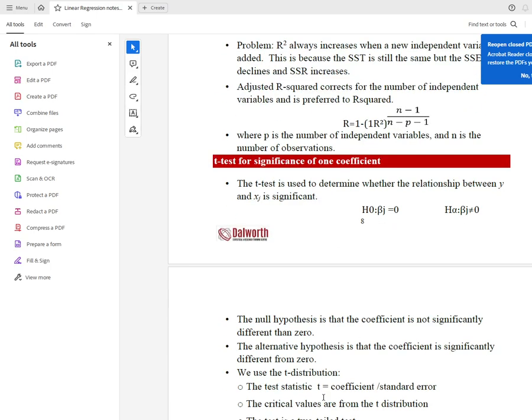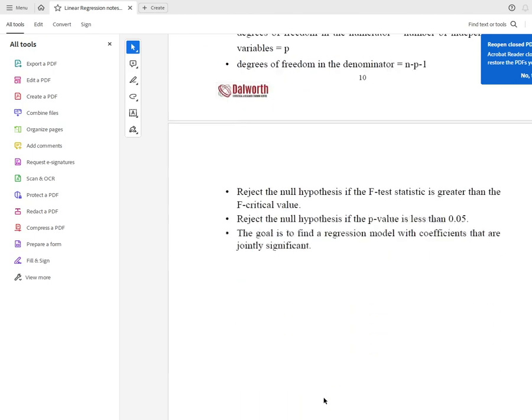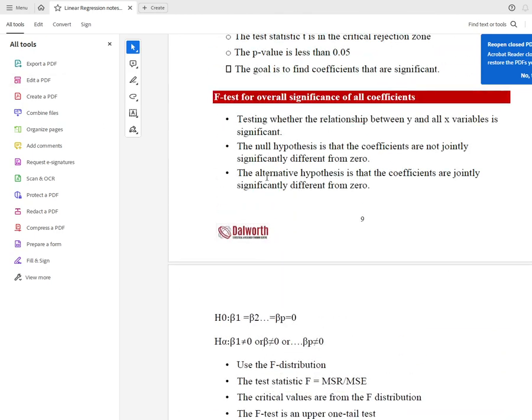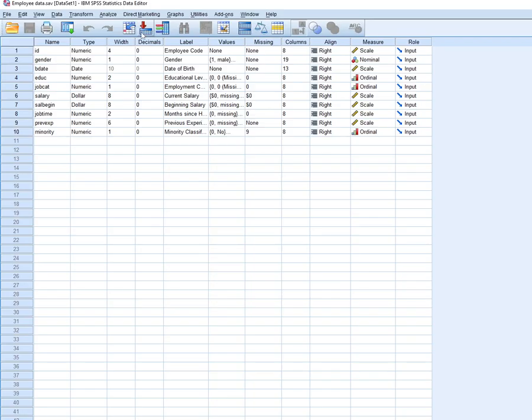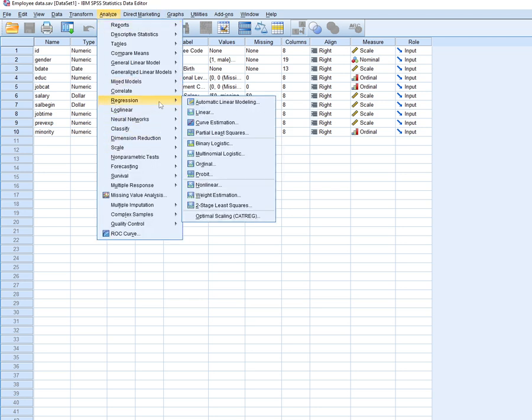I think we can now do the practical part of it. So it's your job to go and read this part or this document. To run regression, I'll just go to Analyze, then Regression, Linear.